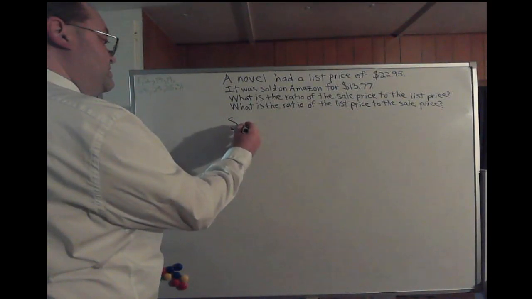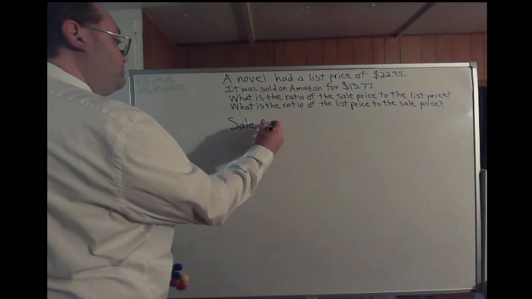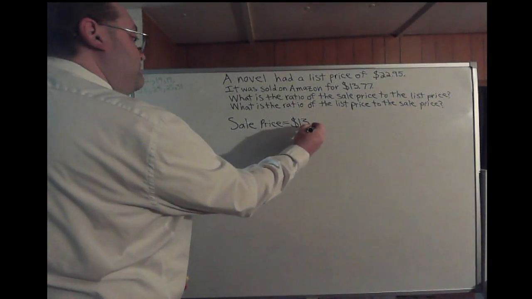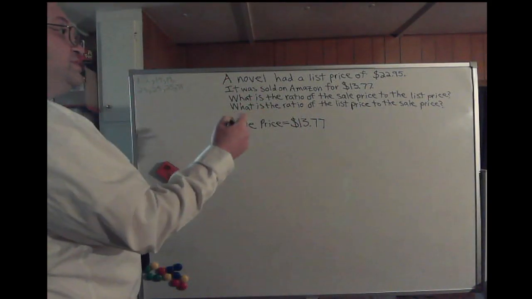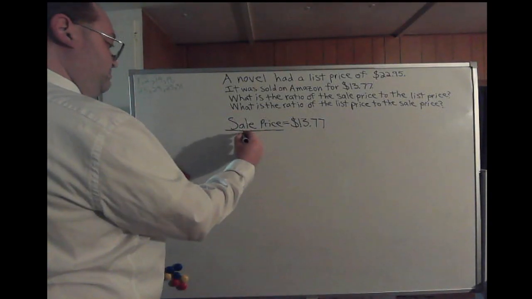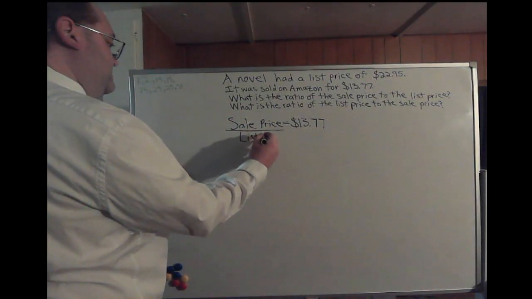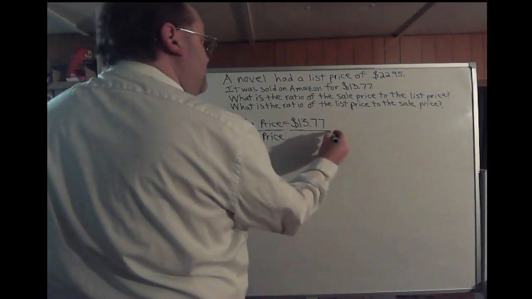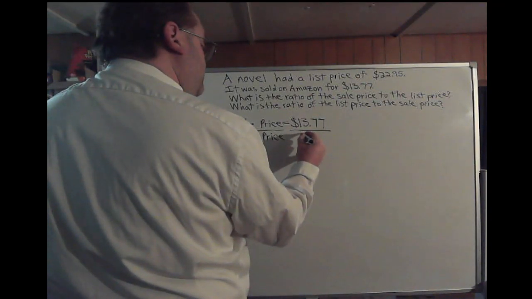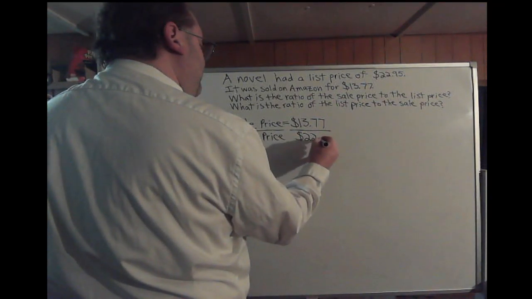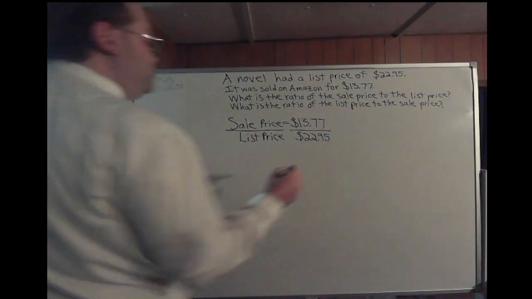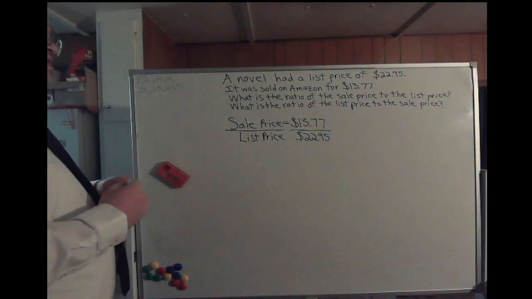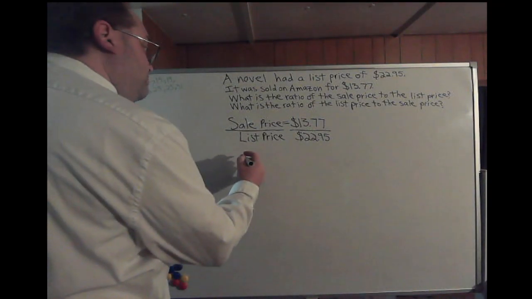The sale price we have determined is $13.77, and we know the list price was $22.95. So that's your ratio right there, $13.77 to $22.95.